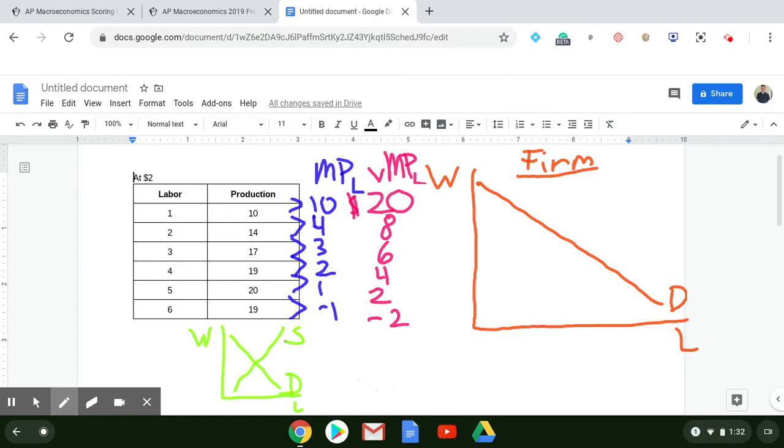There's a supply of labor, which is based on labor's preference between their work versus leisure decision. And there'll be some market clearing price that will say, okay, this will be the wage that is charged by everybody. Firms don't really have control over that. So let's say that that's $6.